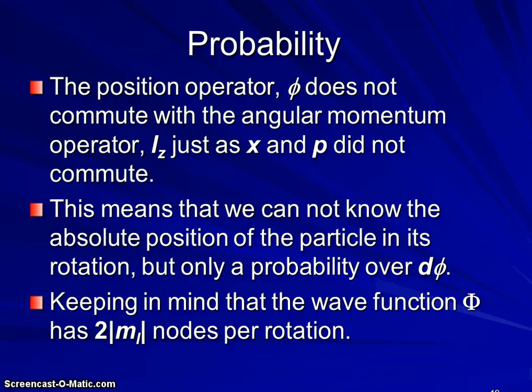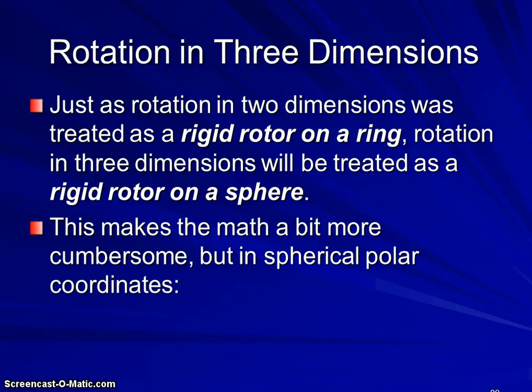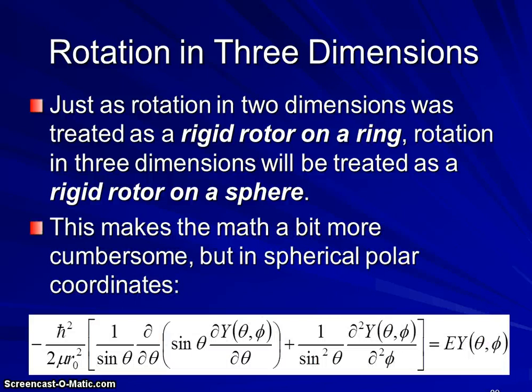Now the math is going to get slightly more complicated for us when we move to 3 dimensions, because we're going to have a second angle variable, but we'll still assume that the bond length stays constant. And so when we add in that third dimension of rotation, that second angle of rotation, and again, the conversion to spherical polar coordinates makes the Hamiltonian a little bit more complicated.